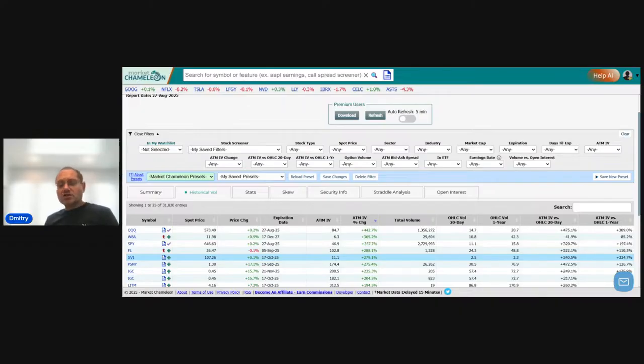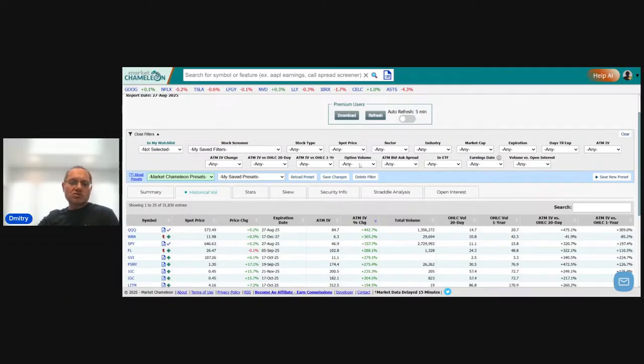So we might want to take a look at places where there's trading interest activity. To do that, we're going to filter out a minimum volume. So let's just say under options volume, we'll click it. And let's say we were looking for options expirations that traded at least 5,000 contracts or more.